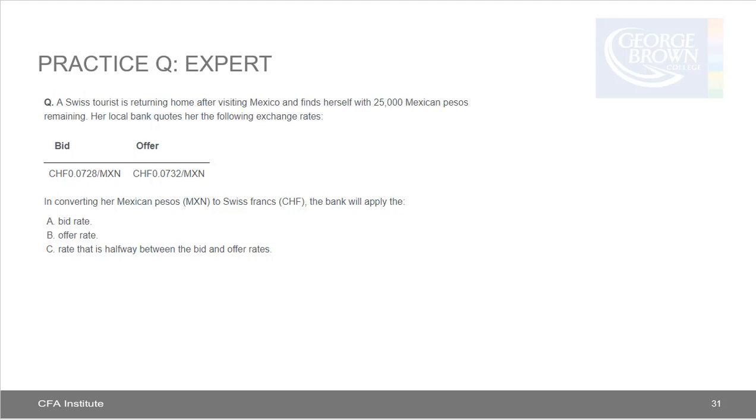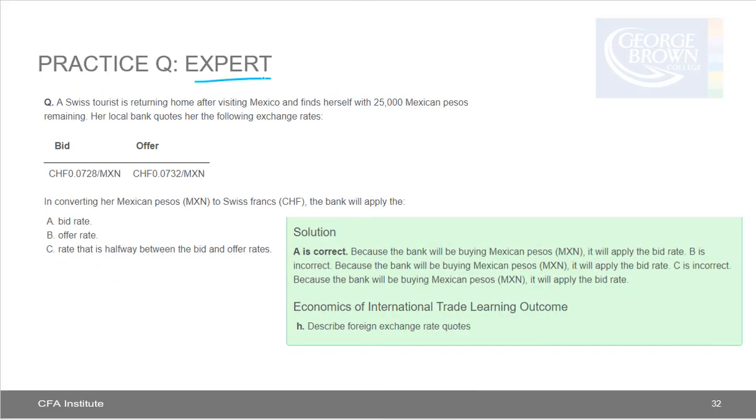So in converting her Mexican pesos to Swiss francs, the bank will apply the A, bid rate, B, offer rate, or C, a rate that is halfway between the bid and offer rates. Okay, this question is expert in the learning ecosystem, but I don't think it's all that difficult if you just talk your way through it. So the Swiss tourist is returning home to Switzerland. That's her home country.